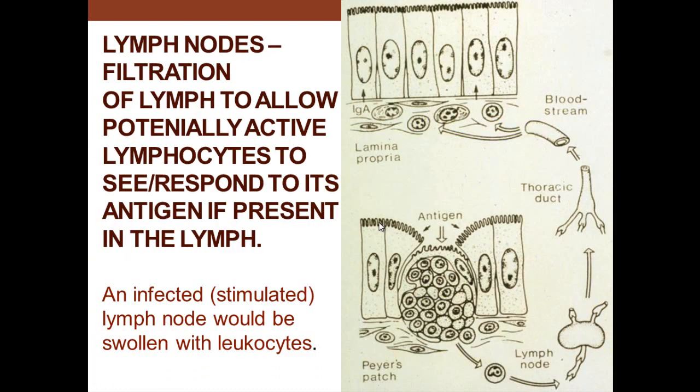Lymph node filtration allows potentially active lymphocytes to see and respond to the antigens. And if they see those antigens, an infected, stimulated lymph node would swell with lymphocytes, because once they see their antigen, they're going to start proliferating.